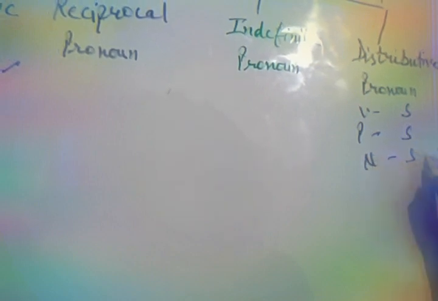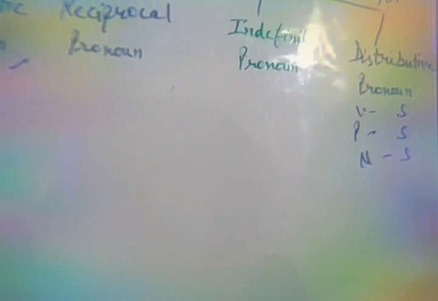Distributive pronouns are used for a group of people, place, or thing, but separately we are pointing out. So the verb would be singular, and our pronoun would be singular, noun would be singular, which we make use of with these distributive pronouns.